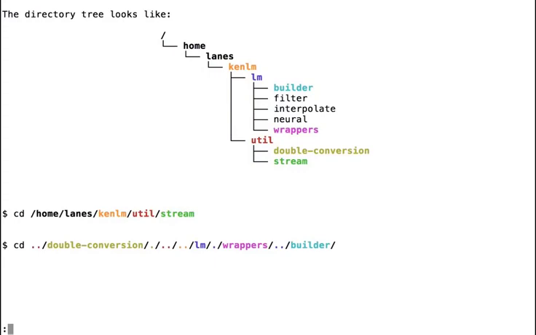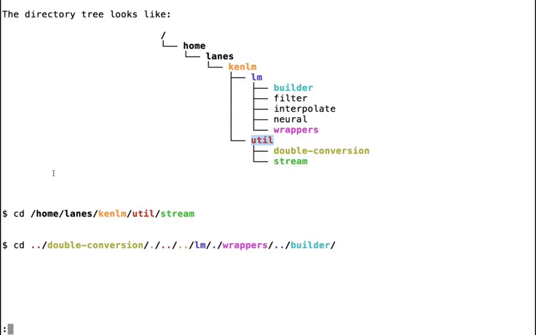Dot dot, which you see here in red, refers to the parent of the current working directory. In our case, the parent is the util directory, which is also drawn in red here in the tree.